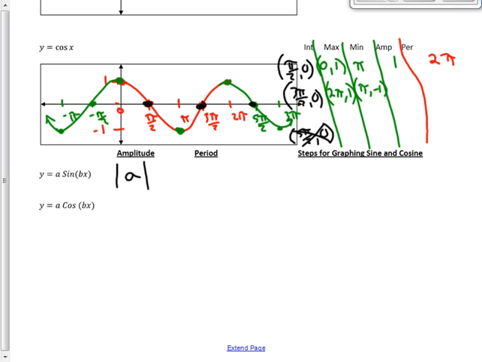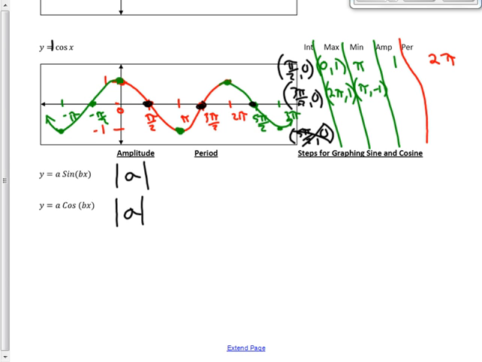In the first graph that we were looking at, we have a 1 there. So if I know that number in front of the cosine or the sine is the amplitude, how high it goes, then I can just pull that out, and I can use a quicker method in graphing instead of plugging in these numbers.